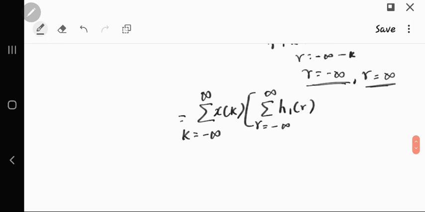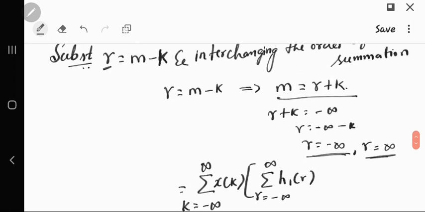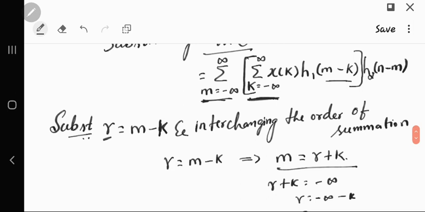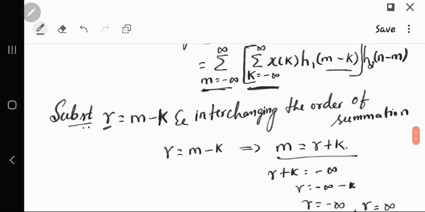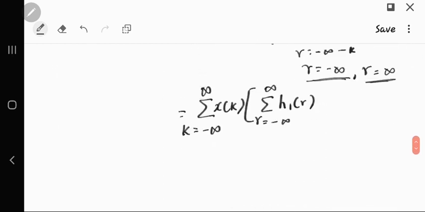h1 of r. And here, if you can observe, I have h2 of n minus m. Now m is equal to what? R plus k. If you substitute that, it will look like this: h2 of n minus of r plus k. Okay, so that completes the substitution.